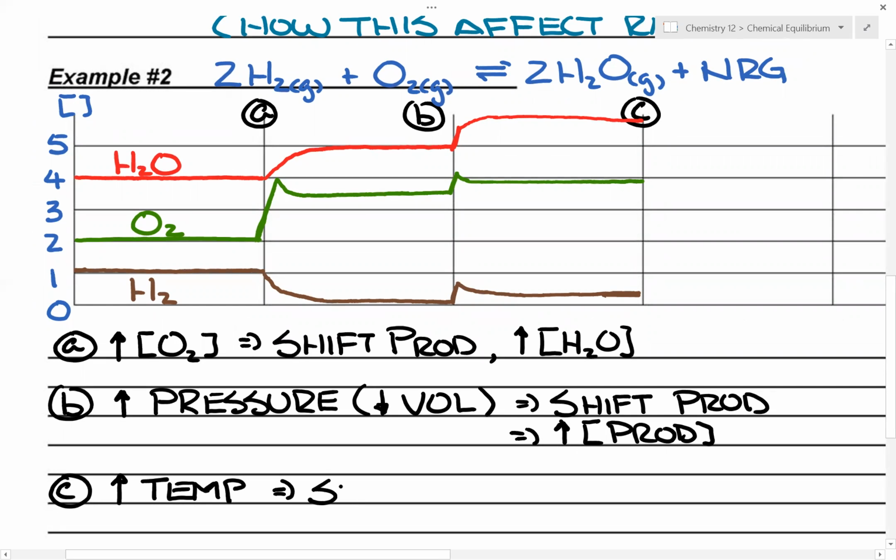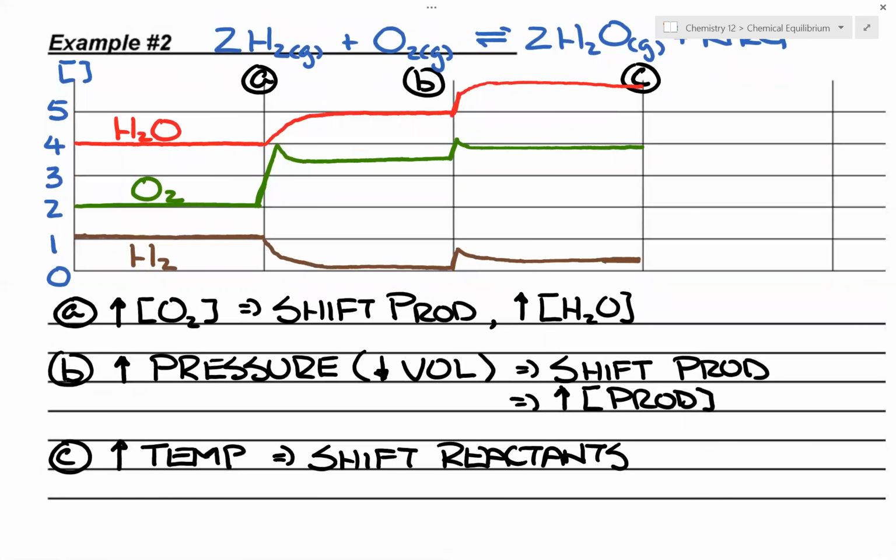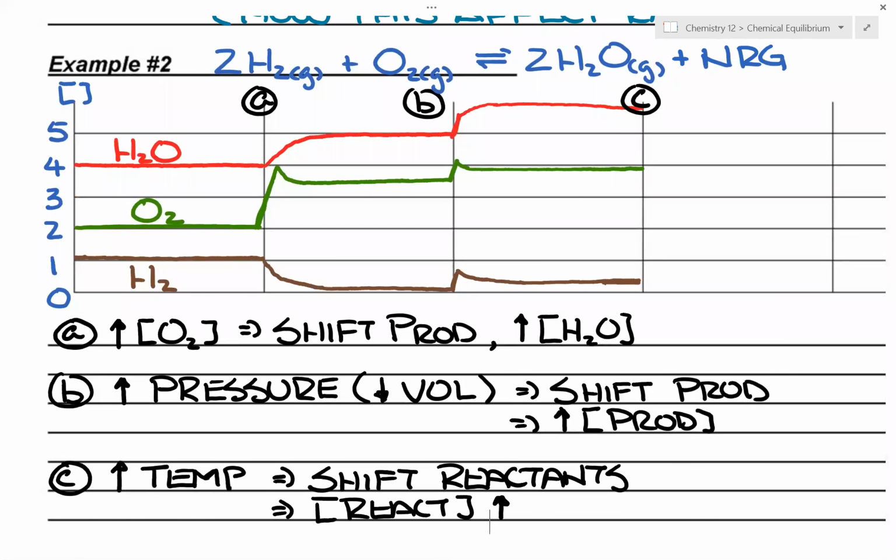So you could say it shifts to the reactants. If you're not too sure why, please make sure to look at last day's notes. And so what happens is if it's shifting towards the reactants, the concentration of reactants will increase. Again, it'll increase by mole ratio, which I will try to achieve.